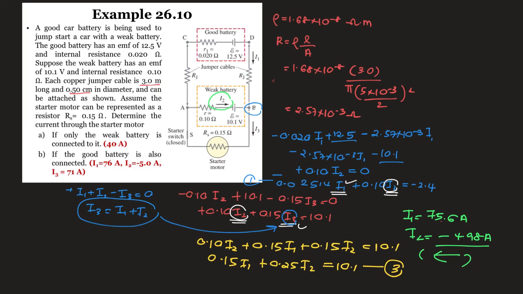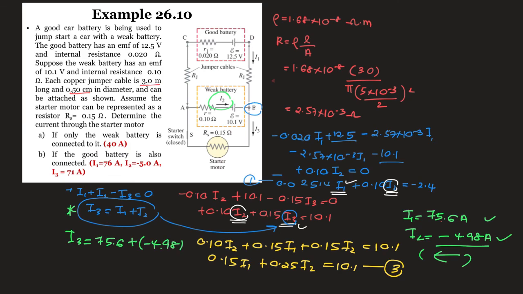Okay, so we already found I1 and I2, therefore we can actually find I3 based on this equation here. So I3 equals I1, which is 75.6, plus negative 4.98.